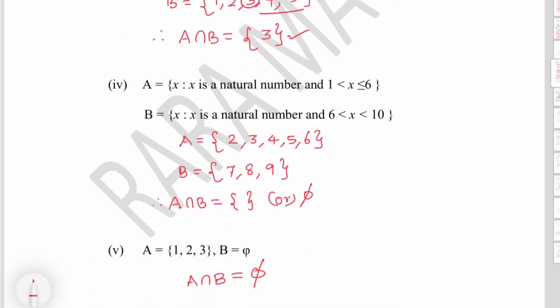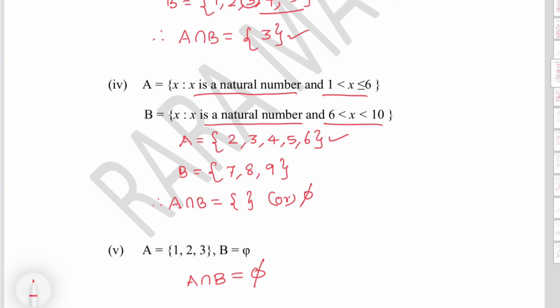And question number 4. A is x such that x is a natural number and 1 less than x less than or equal to 6. So putting in roster form, the set of elements of A are 2, 3, 4, 5, 6. And B is the set of x such that x is a natural number and 6 less than x less than 10.